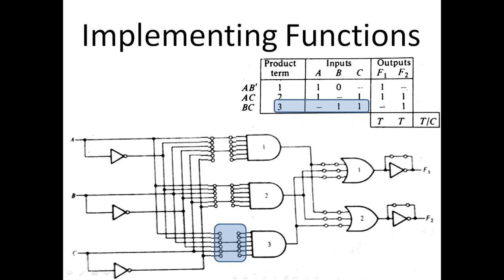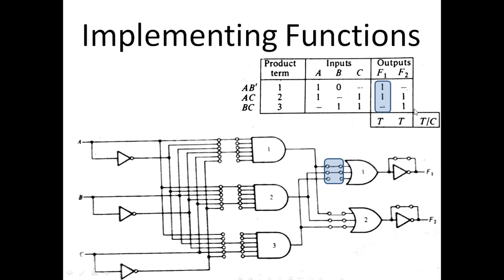Similarly, for the second group of fuses, if there is 1, keep the connection from the product term. For product terms 1 and 2, we have 1, 1.